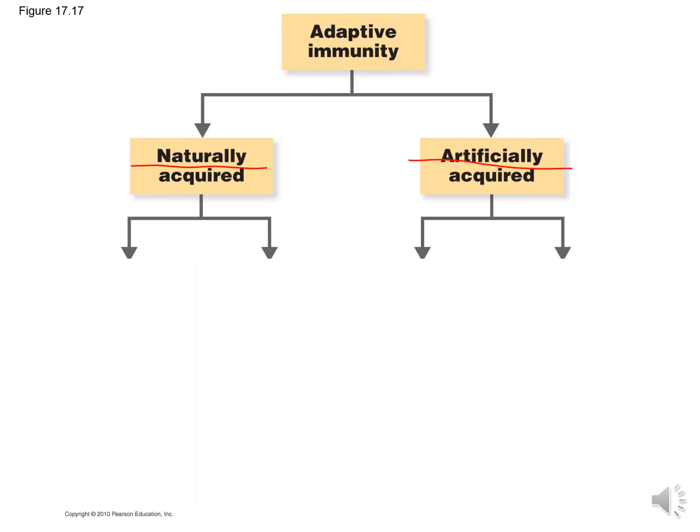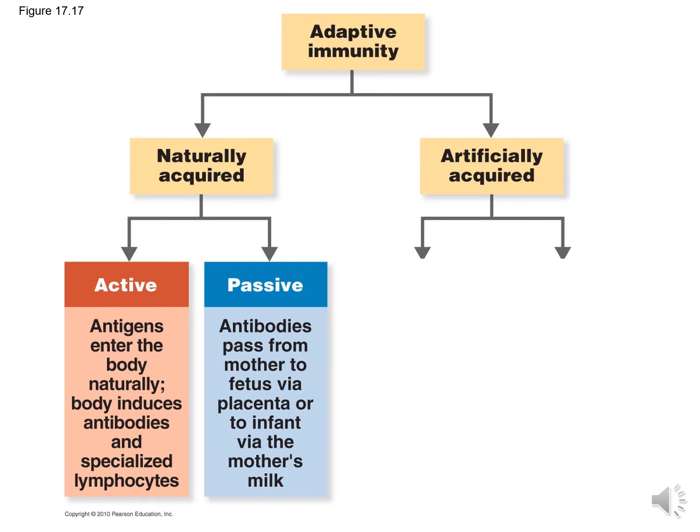The next 2 terms are active and passive. Active immunity means that the white blood cells are exposed to an antigen. They go through the process of activation, they go through clonal expansion, and they generate memory. Passive immunity involves just the transfer of antibodies.